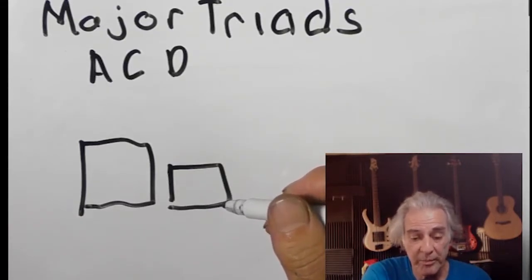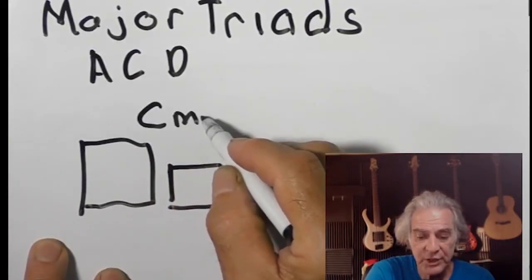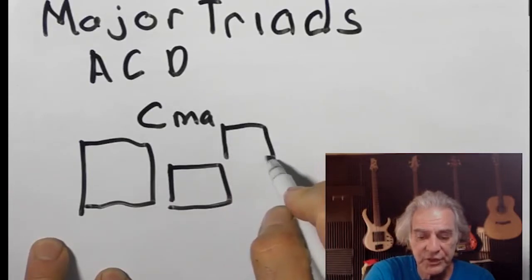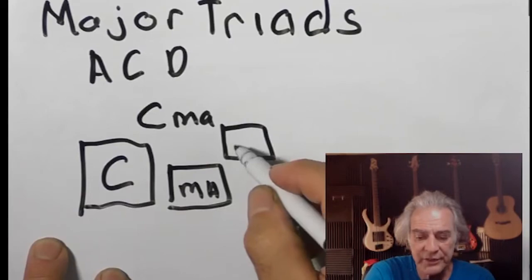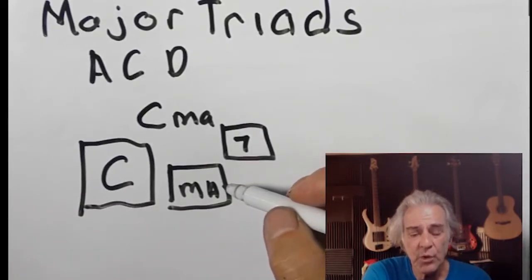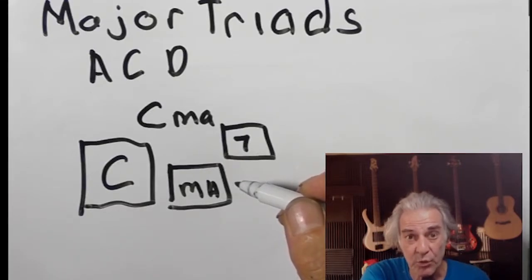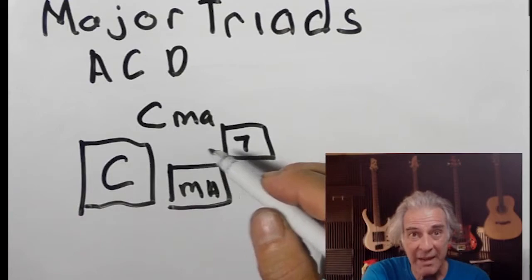In this case, we're doing major, so we get a C, and then we have a major. And now let's add a seventh. C major seventh, C, major, M-A, and seventh. Now I have to point out to you, they use two lowercase letters for the type of chord. If that was minor, it would be M-I. It's major, so it's M-A.